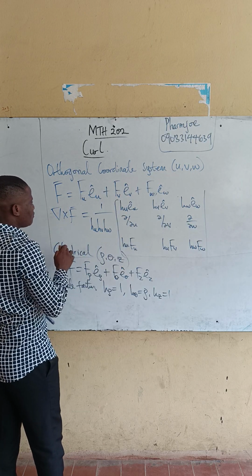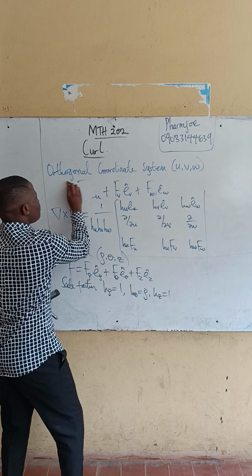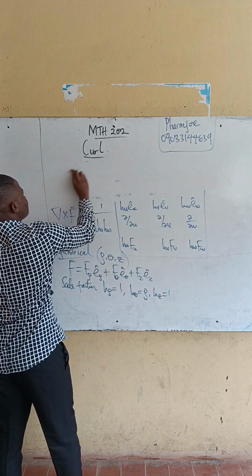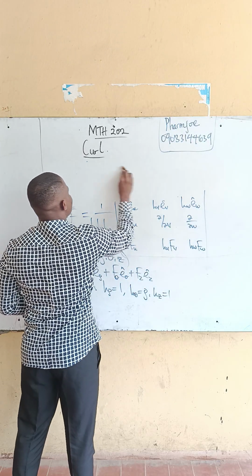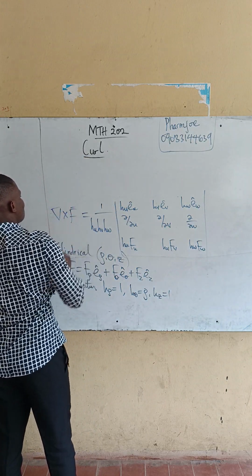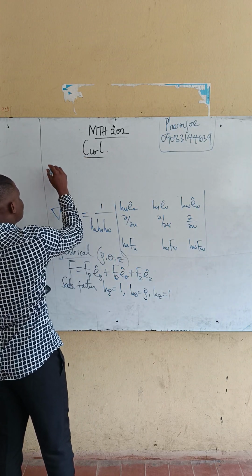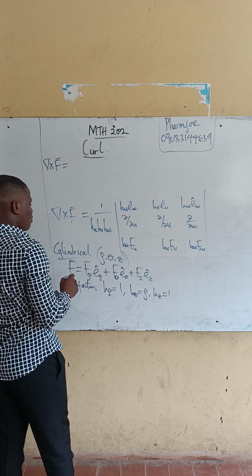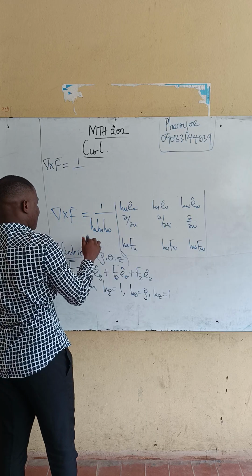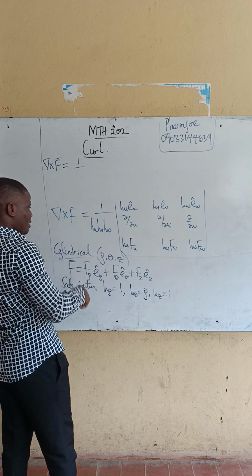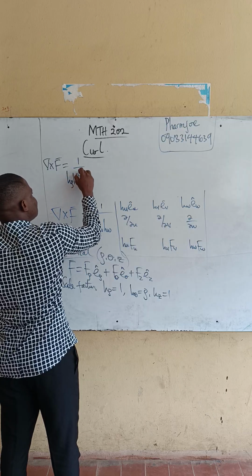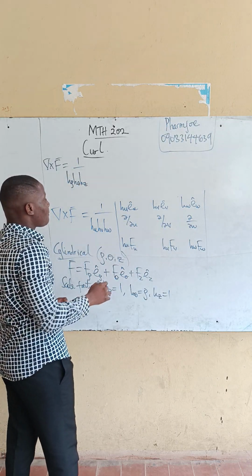So for this, I've changed this. We are no longer here. We are now in cylindrical coordinate system. So the new one compared to what you have here, which will now be the curl of my f, should now be 1 over hu, which is now h rho. I should have 1 over h rho, h theta, hz.